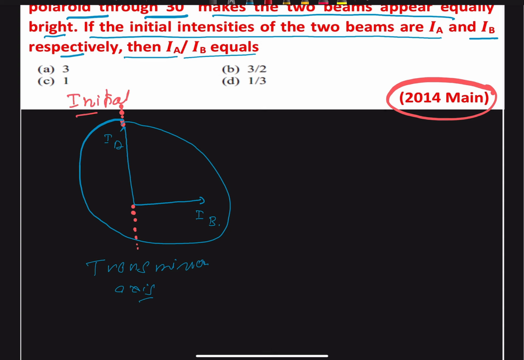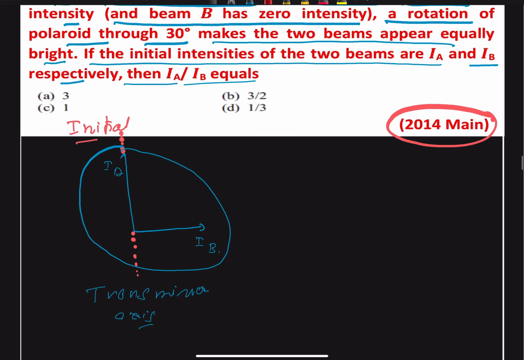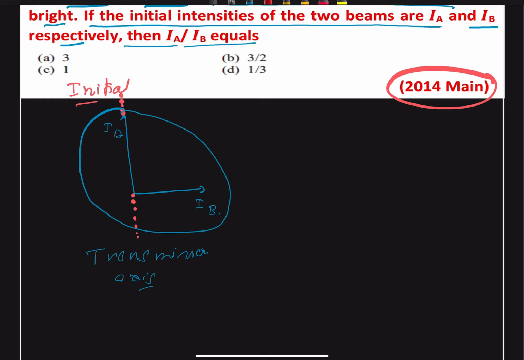And finally, both beams are equally bright. So we are going to rotate our transmission axis, and it will be coming something like this. So the transmission axis is now like this, so that both beams are equally bright.